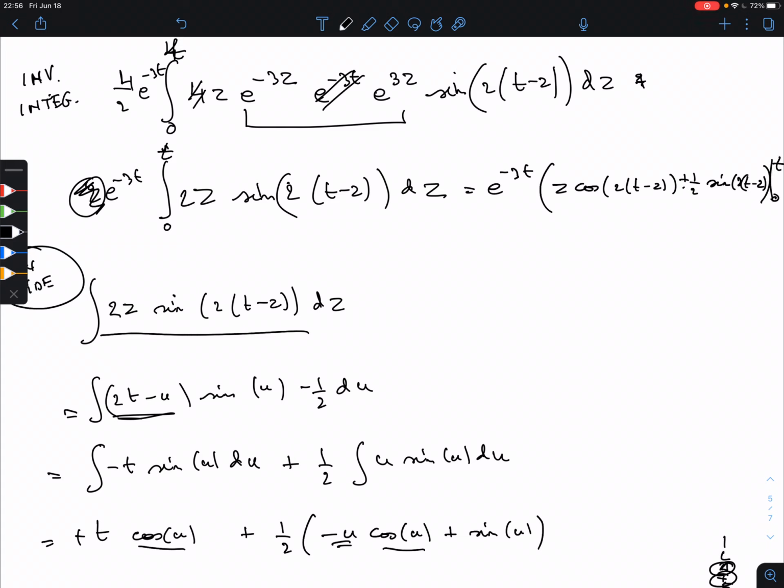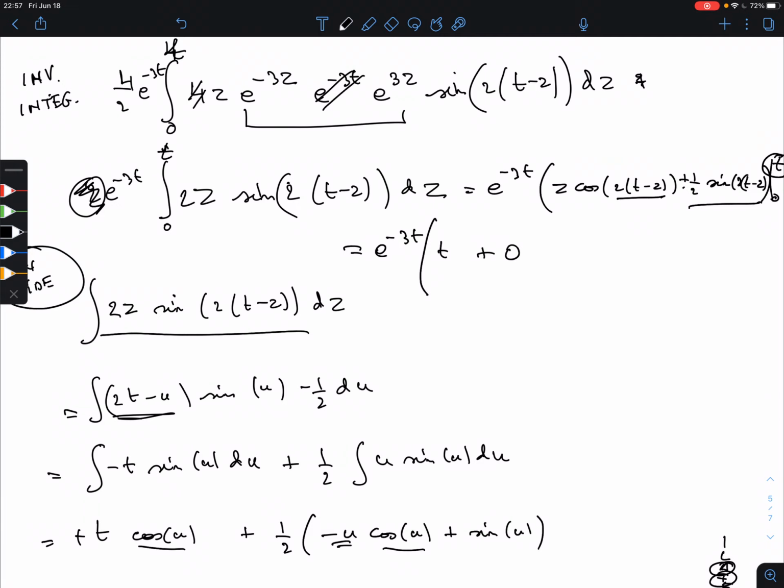So now we're going to have to plug in 0 and t. Okay, e to the minus 3t is all the way out. If I plug in t, now remember, z is t, right? This is what you do, replace z by t. Then this becomes 0, and the cosine of 0 is 1, so I get t. Plus, what is this one? Well, t minus t is 0, so that's 0 plus 0. That is the result of plugging in t.